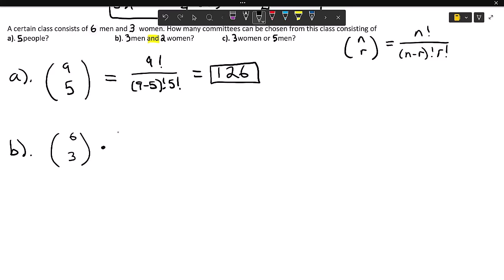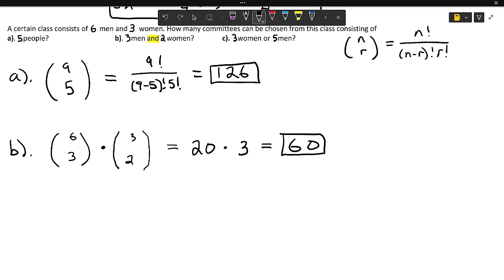The keyword and means we're going to multiply that by the number of ways of choosing 3 women, 3 choose 2. The number 6 choose 3 is equal to 20, times 3 choose 2, which is 3. So in total, there are 60 ways for this to happen.